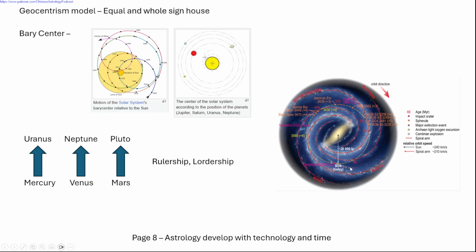Astrology systems are ever-changing, as astronomy findings always have an impact. For example, the most primitive form of the whole and equal size house system refers to the geocentric model. The discovery of Uranus, Neptune, and Pluto in modern astrology has refined some of the rulership, or so-called lordship, of some zodiac signs.